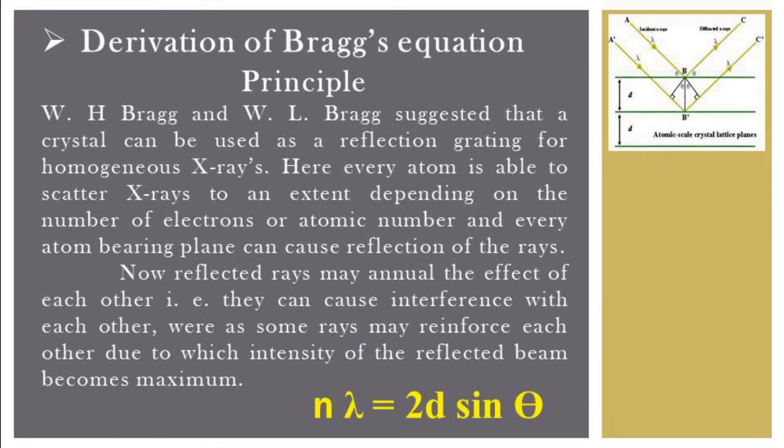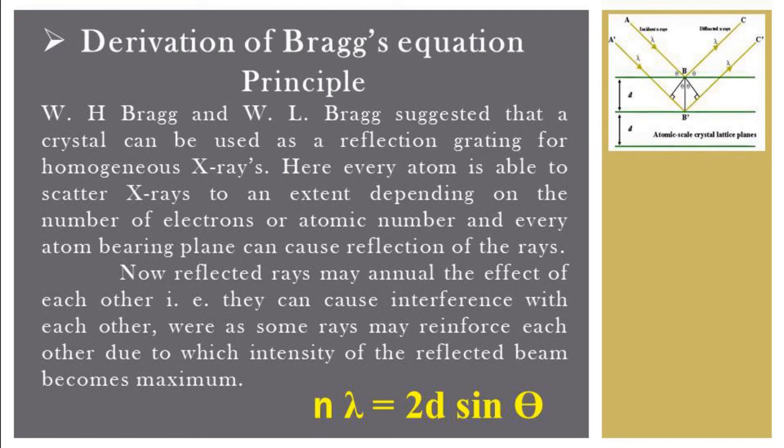Derivation of Bragg's equation. We know Bragg's equation: n lambda equals 2d sine theta. The principle of derivation of Bragg's equation is that W.H. Bragg and W.L. Bragg suggested that a crystal can be used as a reflection grating for homogeneous X-rays. Here, every atom is able to scatter X-rays to an extent depending on the number of electrons or atomic number, and every atom-bearing plane can cause a reflection of the rays.